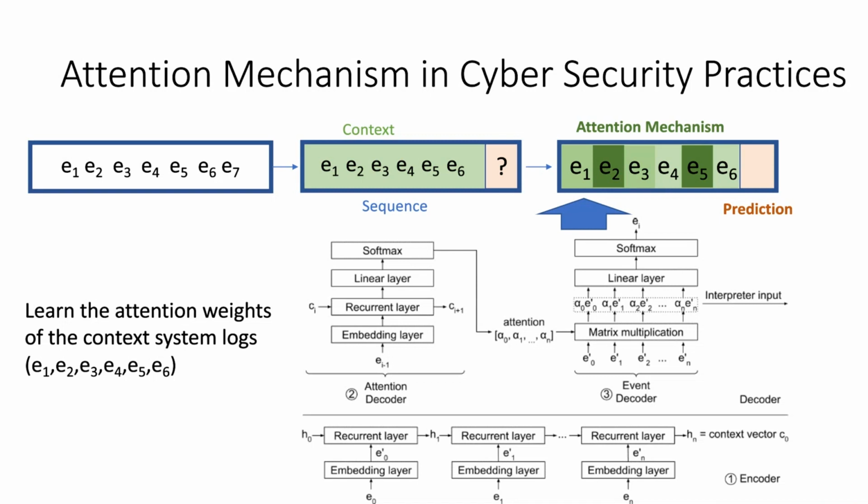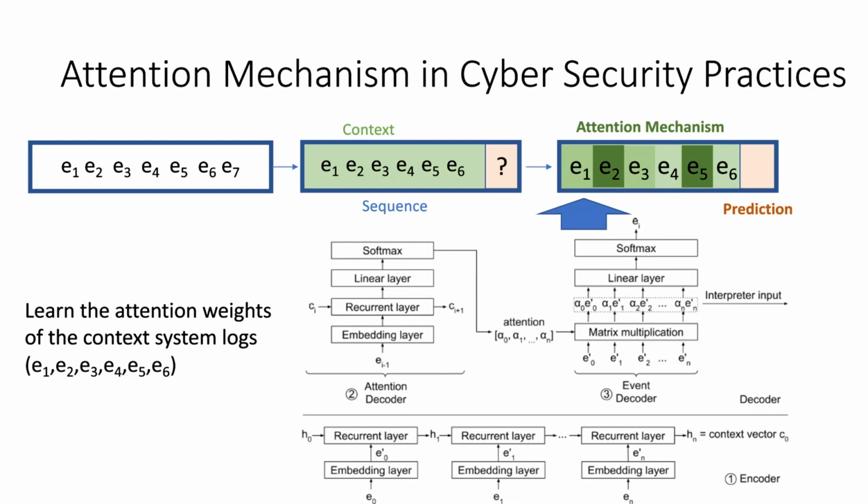Actually, you just build a recurrent neural network. First, you put the word embedding of each log as the input of your recurrent neural network. The network memorizes the patterns from E1 to this one, the pattern learned by the LSTM or recurrent neural network.